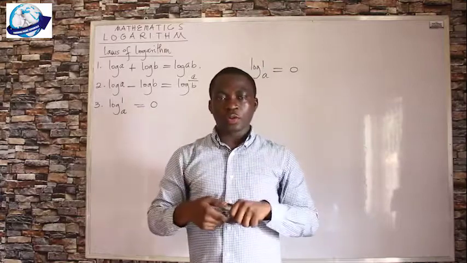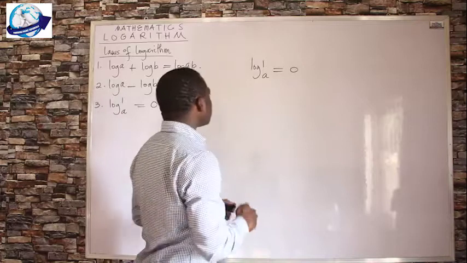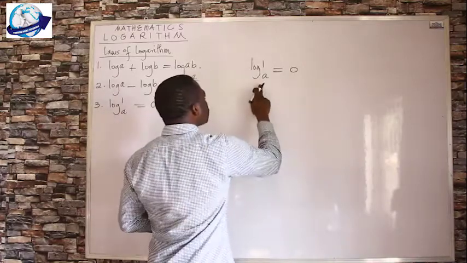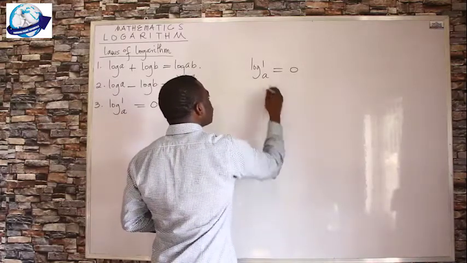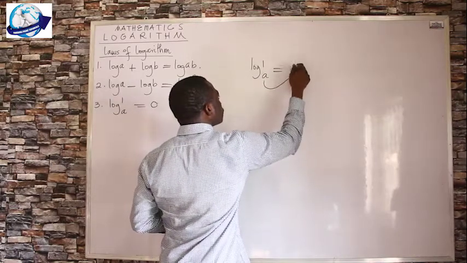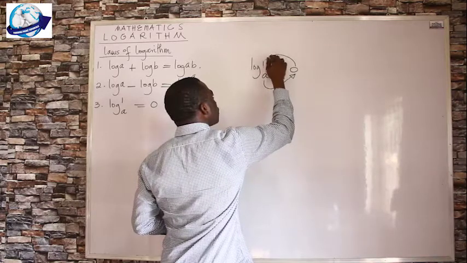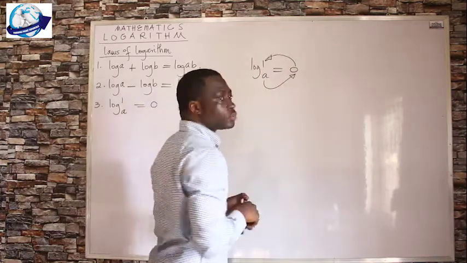Look at this very well. For those who have done indices, you have log 1 base A equal to 0, which means A, the base, raised to power 0 equals the number itself, 1.